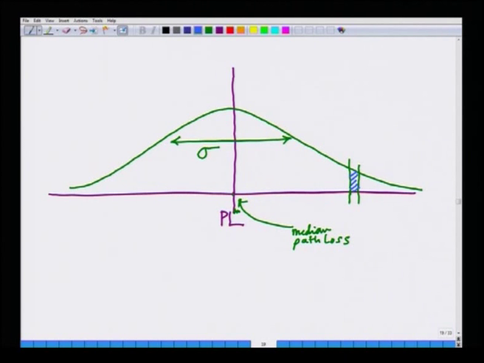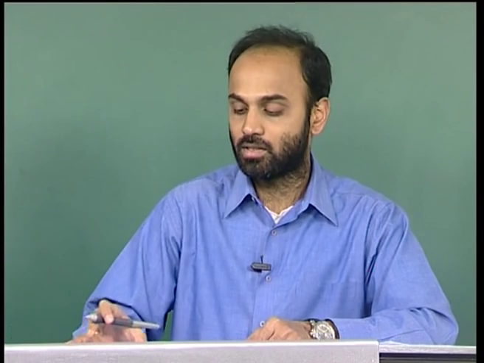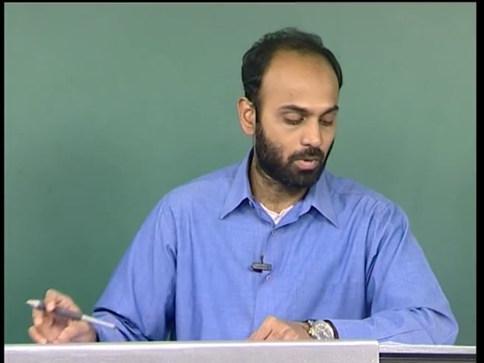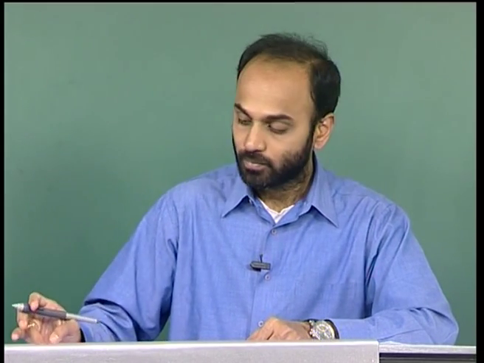This is the median value PL, 50% of the time it lies above the median, 50% of the time it is lower than the median, and given any value we can characterize the probability it takes a value in that region, which is obtained by looking at this probability distribution.